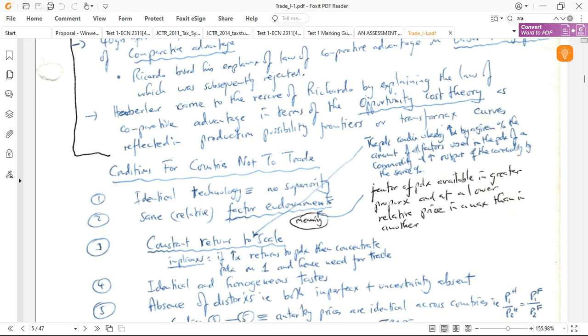Okay. The other thing is, no two countries can engage in trade if they have the same tastes. For trade to take place, these two nations should have different tastes. The tastes in Zambia must not be equal to the tastes in Malawi. If they're different, the Malawians will know that Zambians' tastes are oriented toward, let's say, iPhones, which means they can produce iPhones and sell to us.